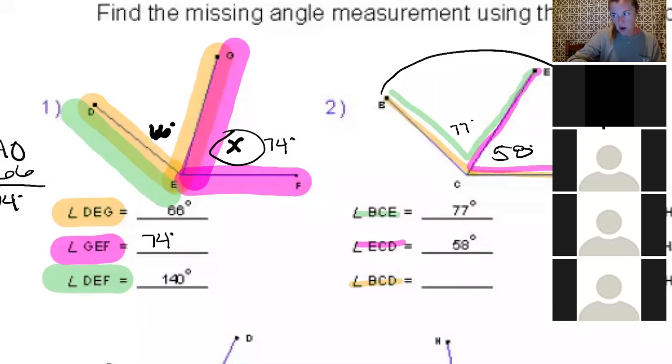When we do that, all we have to do is add the two pieces together to get the entire inside. So we can take 77 plus 58. We're going to take the green 77 plus 58, and you end up with 135. That means the whole outside, which I've highlighted in orange, is 135 degrees. Does anybody have any questions on this or the process that you go through to get here?